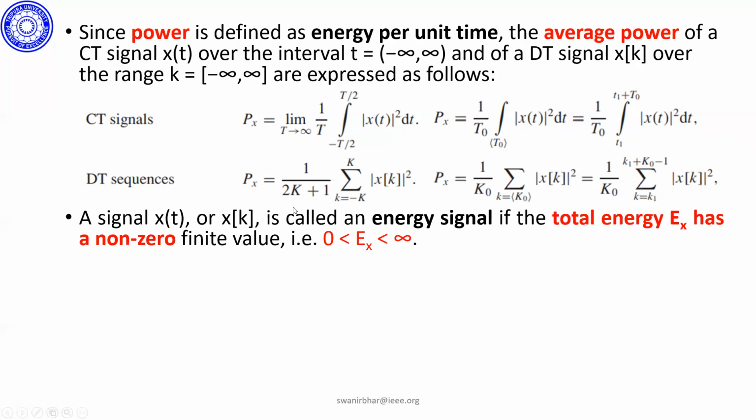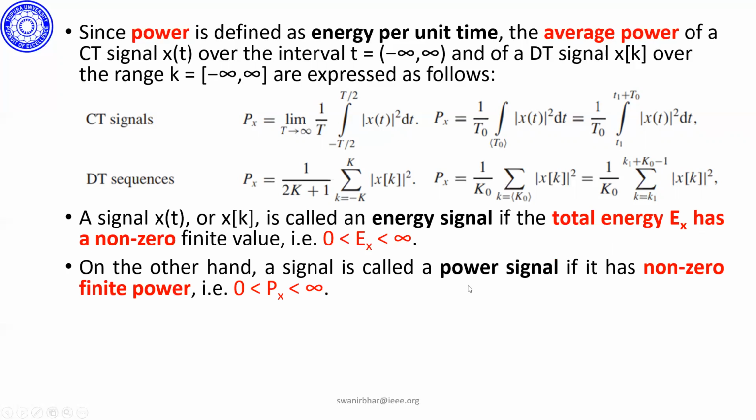Any signal is called an energy signal if the total energy is non-zero and finite, that is, the energy value Ex is between 0 and infinity. But for signals for which the energy is infinite, we calculate the average power, which is a non-zero finite power, because power cannot be infinity as per your maximum power transfer theorem.